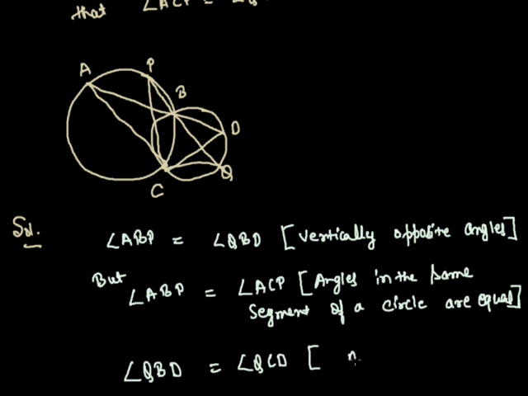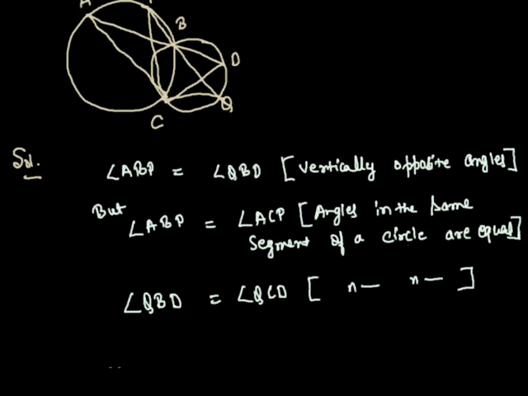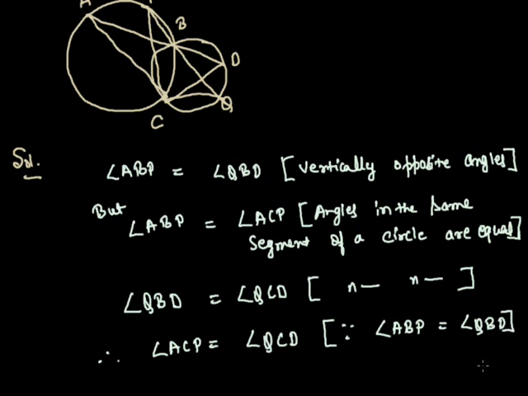Again, by the same property, angles in the same segment of a circle are equal. Therefore, angle ACP is equal to angle QCD, because angle ABP is equal to angle QBD. This we had to prove. Angle ACP is equal to angle QCD.